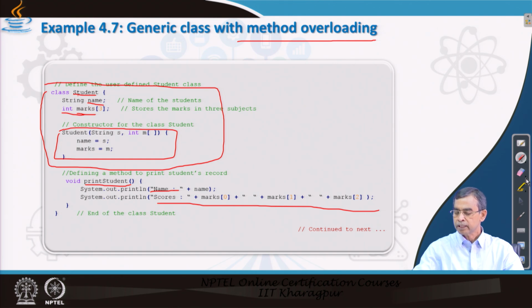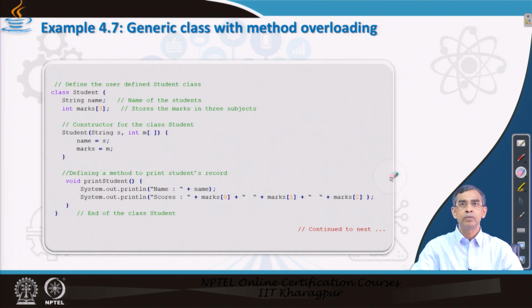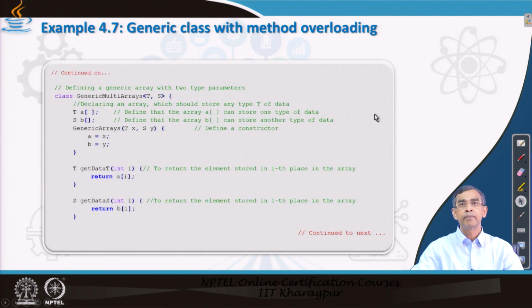Having this declaration, we want to see how the methods in it can be defined in an overloaded fashion, and here is an example. Again we can repeat it for two type parameters.